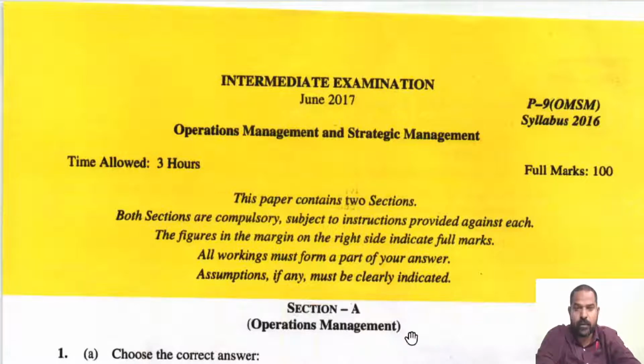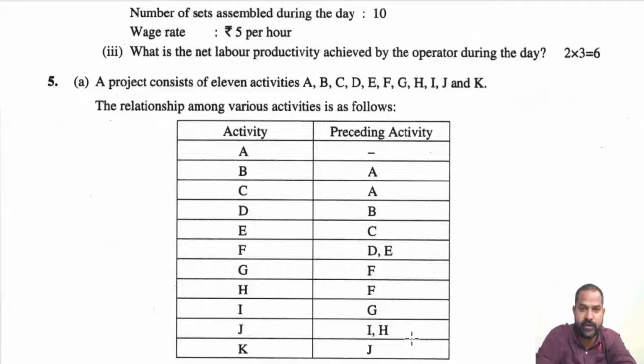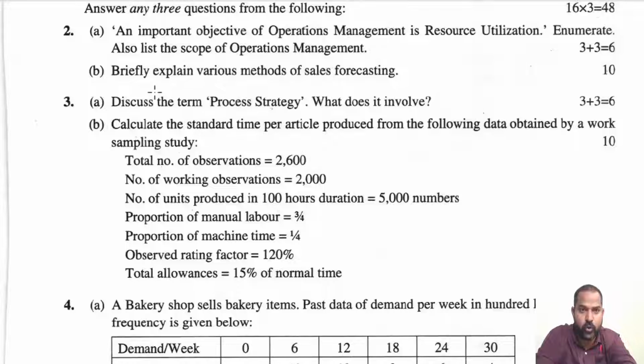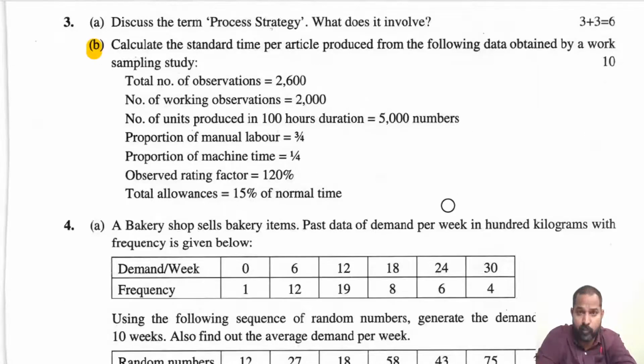The first question paper, June 17, skip past the objectives. 2A no, 2B no, 3A no, 3B was done under time and motion. Then simulation, so no. Question 4B was done under productivity. 5A no, 5B no. So the first question paper not asked.